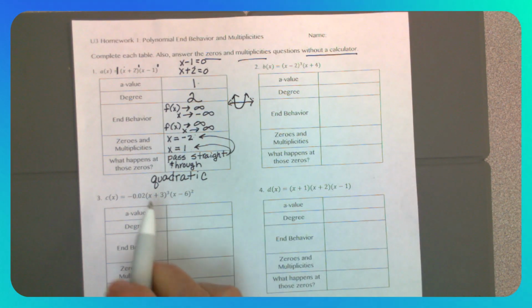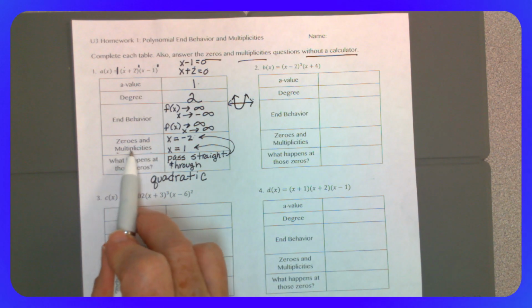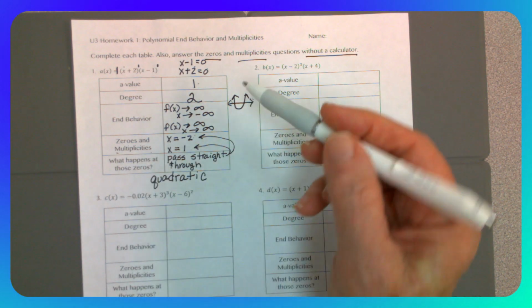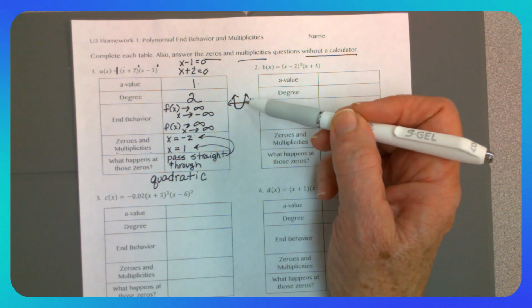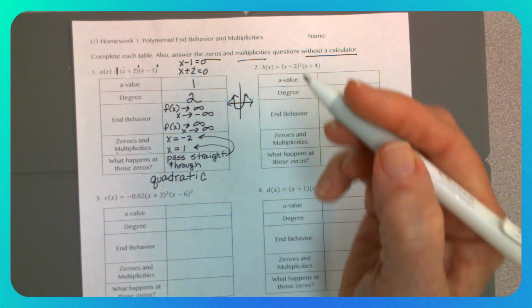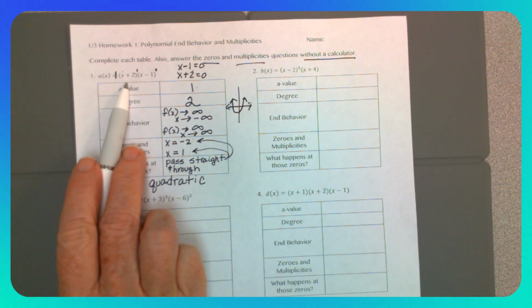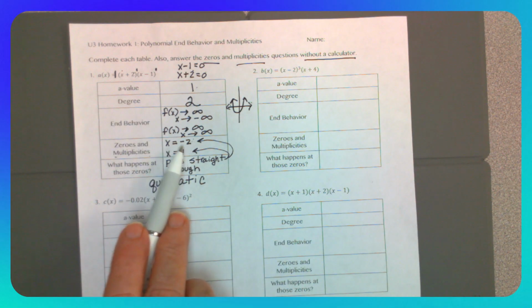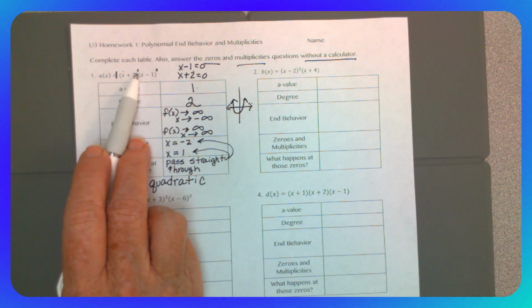Okay, now we haven't listed the multiplicities. So what multiplicities tell us is how many solutions we have at x equals negative 2 and at x equals 1. Okay, we get that by looking up here. To find x equals negative 2, we use this binomial, and it's raised to the first power.